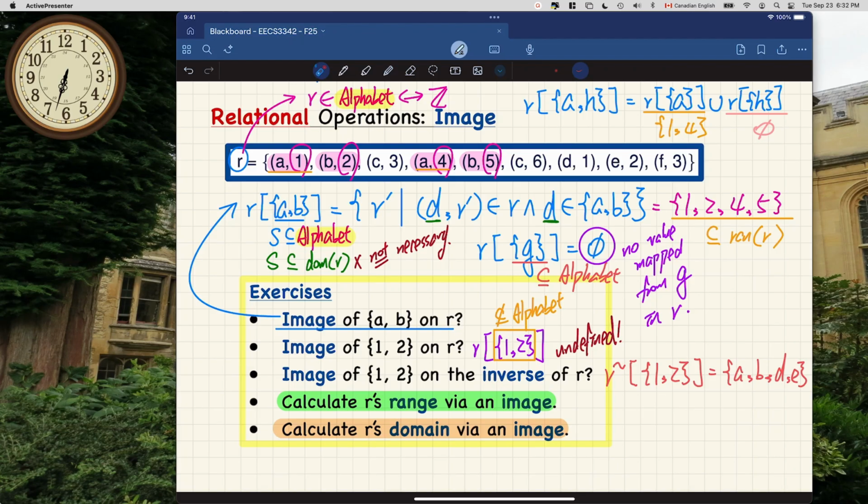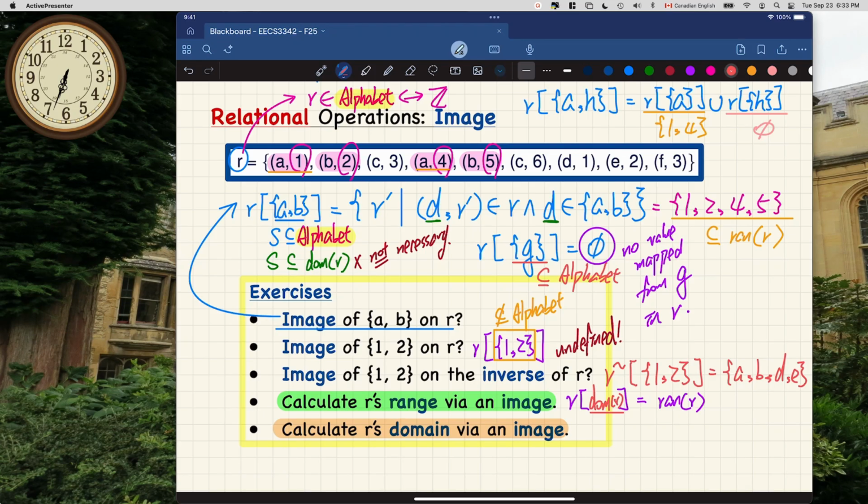All right, so for this one here, how do we somehow express the range using image? Okay, so I'll start you with this: I can say R here, and then I want to put something inside, and then I will end up getting the range of R. What should I pass inside here? The domain of R. Domain of R? Yeah, that one's easy. Okay.